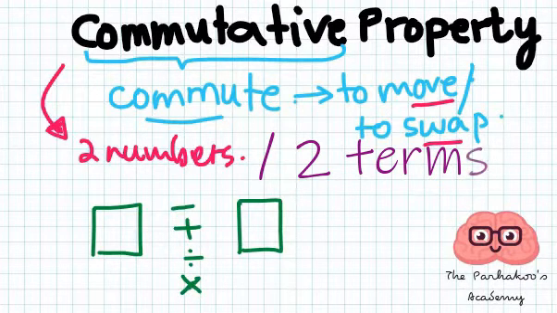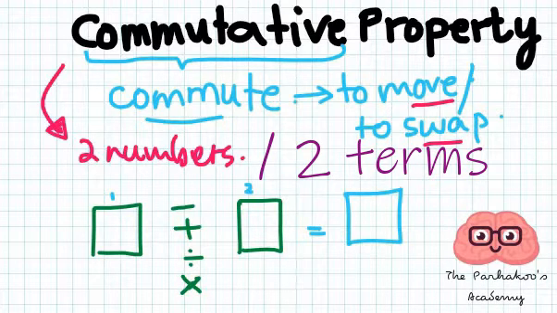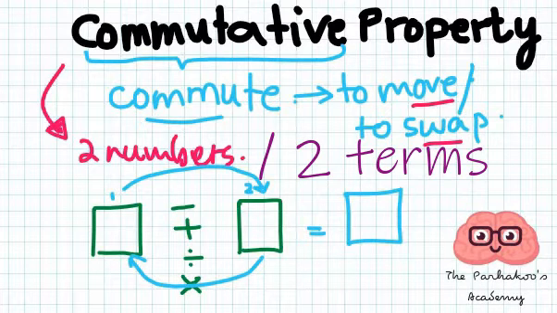And we look for whether by changing the position or by moving the position of these two numbers, the answer changes or not. So if I swap 1 with 2 and 2 with 1, does my answer change or not? If my answer changes, then commutative property is not valid. And if my answer doesn't change, it is the same, then commutative property is valid.